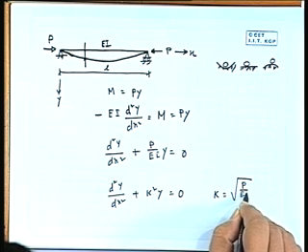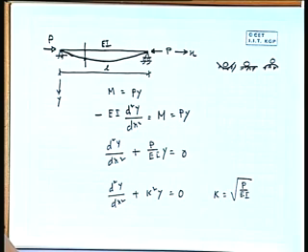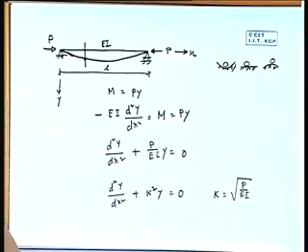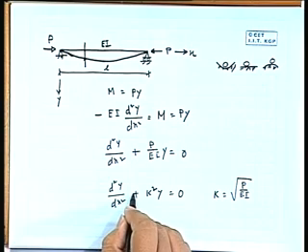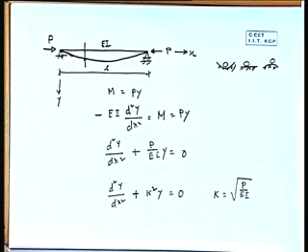P by EI is k square, so k is the square root of P by EI. The entire term is defined by a single quantity, but we have taken a square. It is a matter of convenience, because later when we solve, the square part will help us represent some expression in a convenient manner.